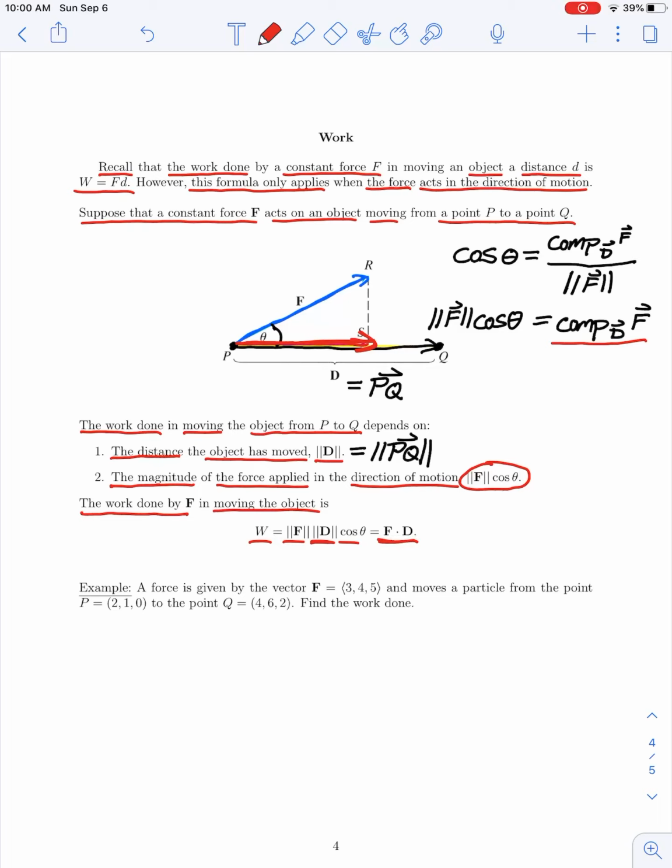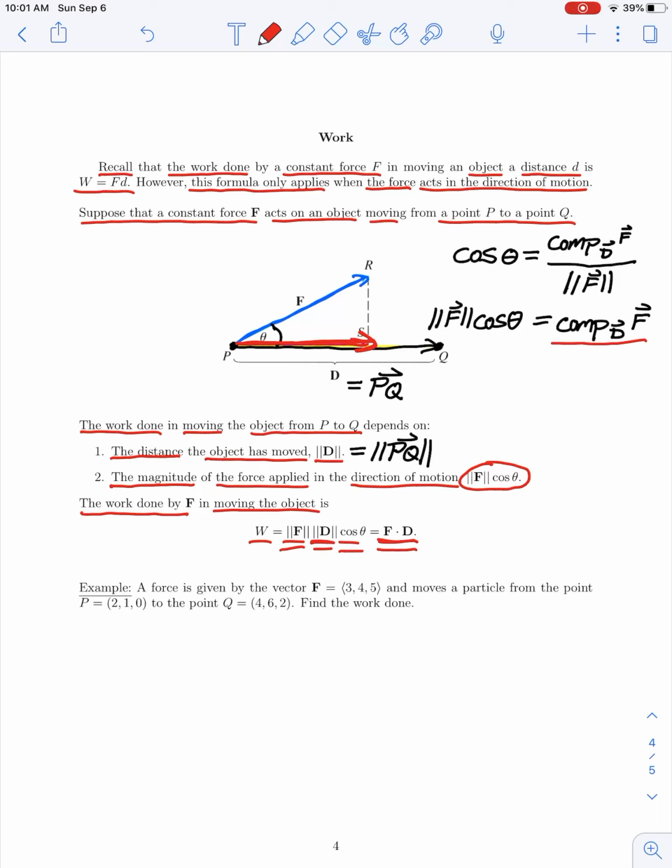But recall that this is exactly the dot product of those two vectors F and D. Earlier in this section, when we looked at the formula for the angle between vectors, we saw an alternative definition of the dot product: the product of their magnitudes times cosine of the angle between them. So in other words, the work done by some force in moving an object along some displacement vector is the dot product of that force vector with the displacement vector.